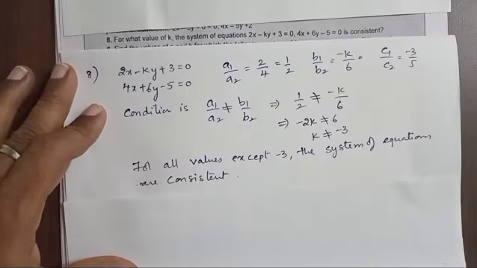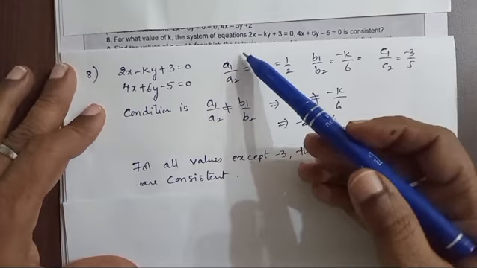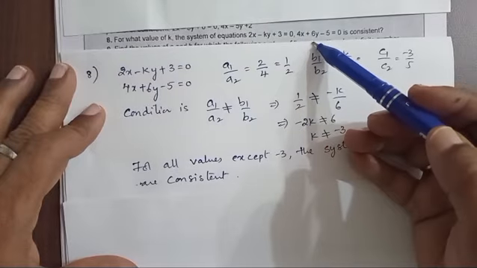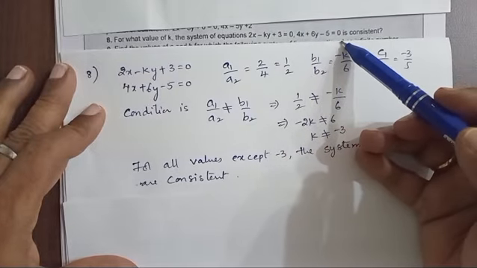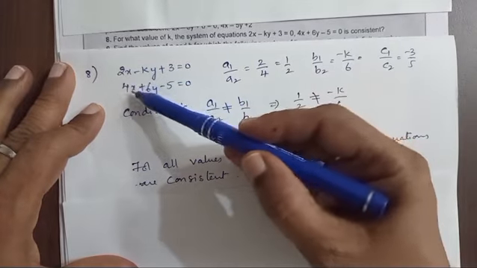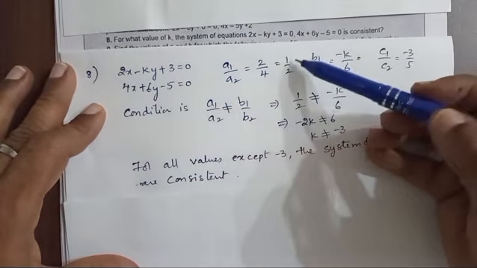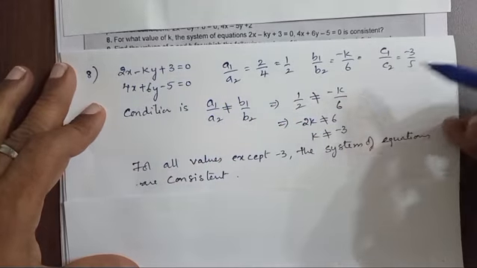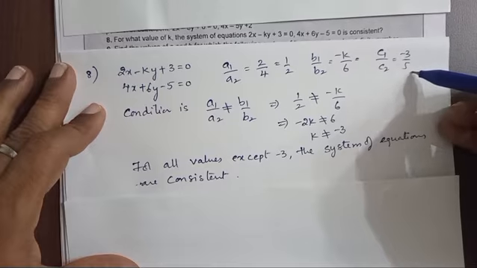Question 8. For what values of k is the system of equations 2x minus ky plus 3 is equal to 0, 4x plus 6y minus 5 is equal to 0 consistent? Here the ratio a1 by a2 is 2 by 4, which is 1 by 2, b1 by b2 is minus k by 6, c1 by c2 is minus 3 by 5.